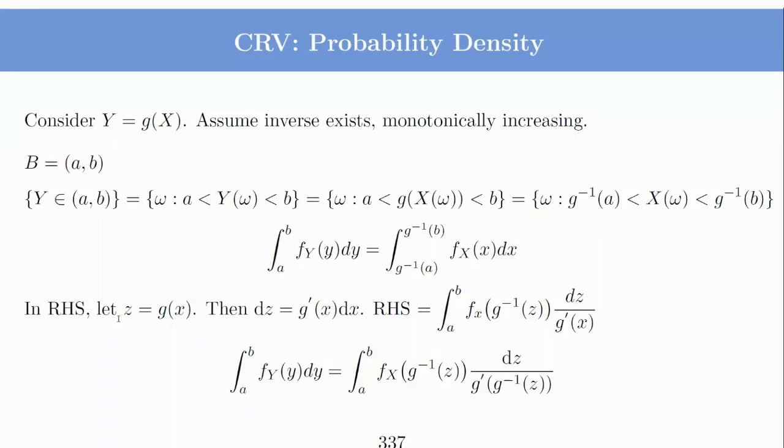So let us apply this substitution on the right hand side. z equal to g(x) means dz is equal to g dash x dx, because g dash x is the derivative of g(x). So with the new substitution, this integration will be from a to b, dx will be dz by g dash x, and f_X(x) would be equal to f_X of g inverse z.